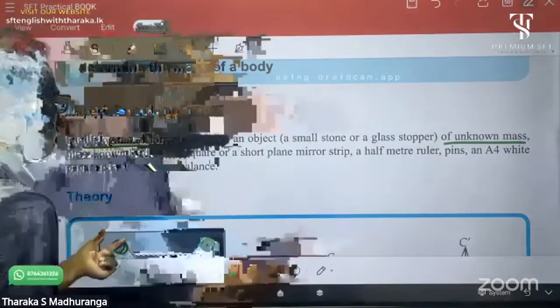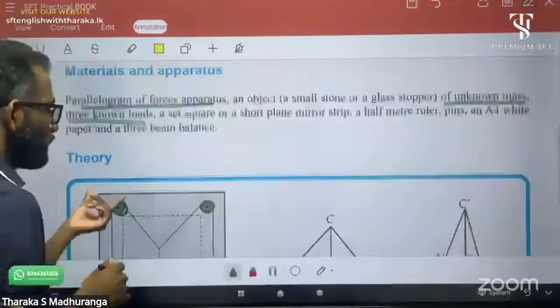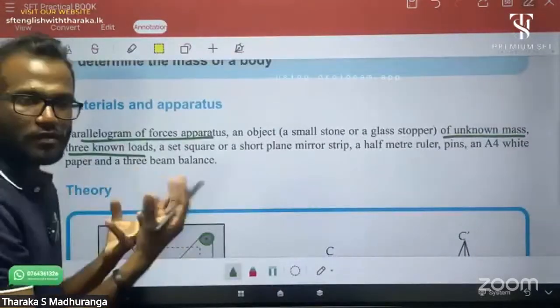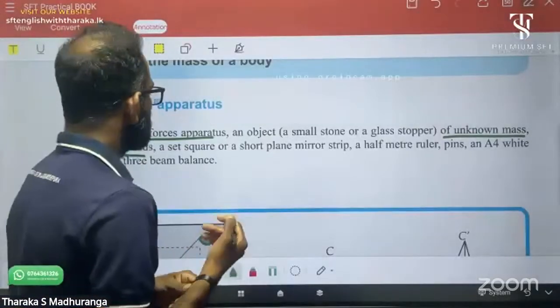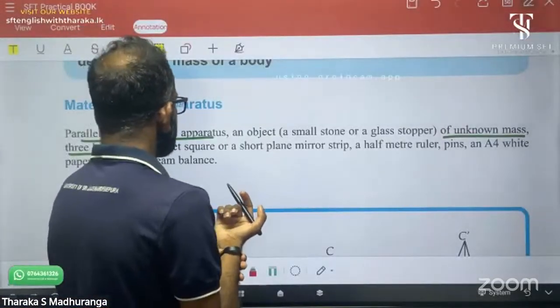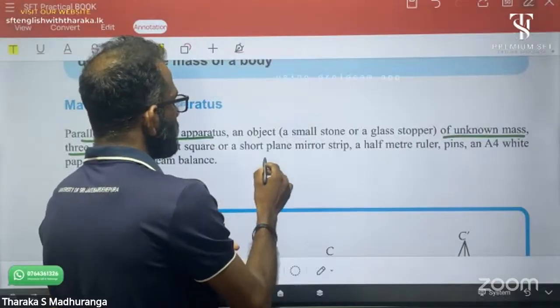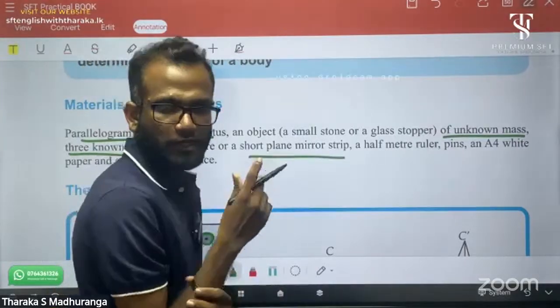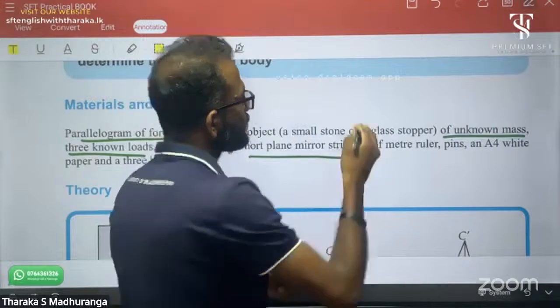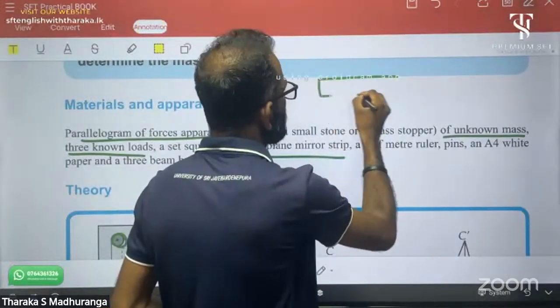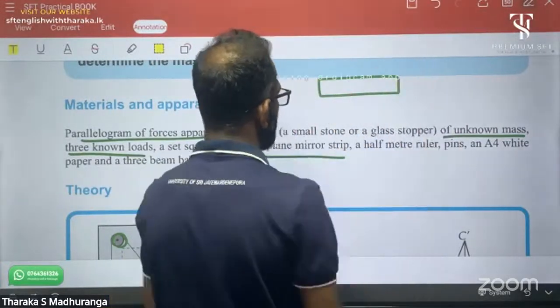Three known loads are required. A short plane mirror strip, like a rectangle, is required.